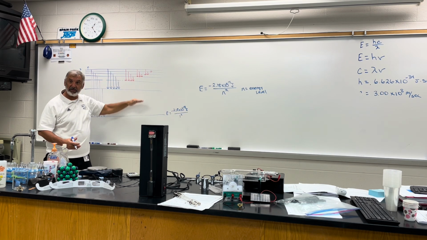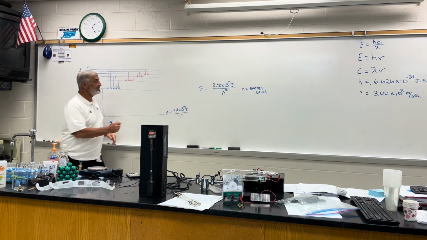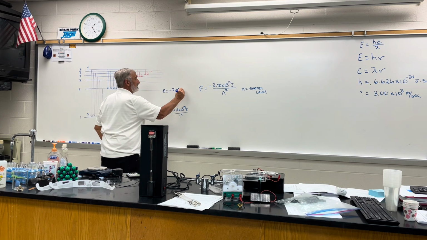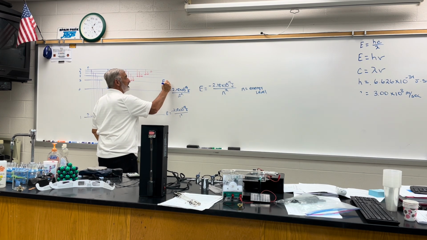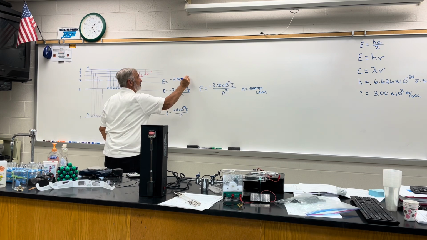The negative is measuring the strength of attraction to the nucleus. So on the second energy level, E is going to equal negative 2.18 times 10 to the minus 18th joules over 2 squared. And on the third energy level, E is going to equal negative 2.18 times 10 to the minus 18th joules over 3 squared.